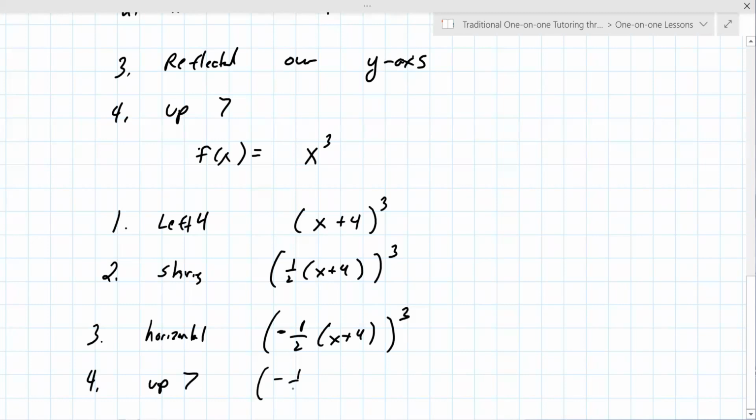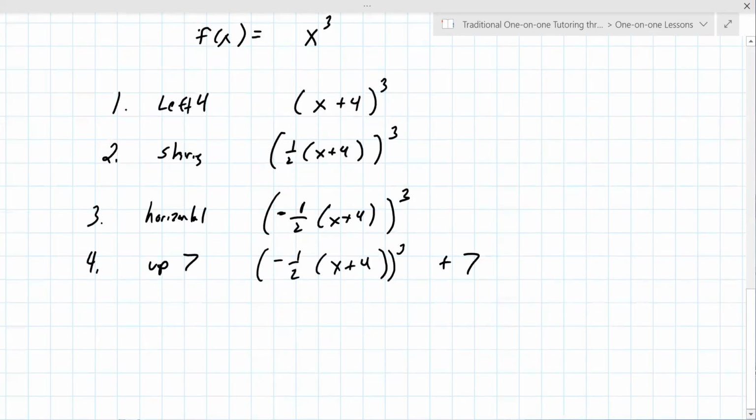So we take exactly what we had here, cubed plus 7. Okay. And that's it. Okay.